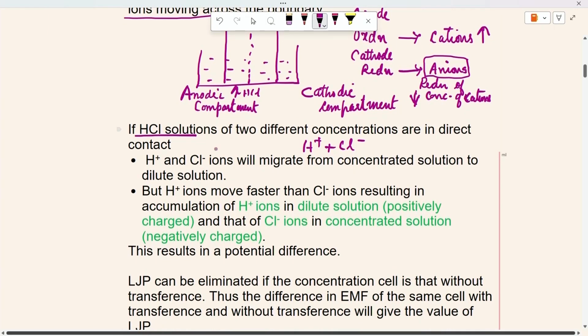The H plus ions and chloride ions will migrate from a concentrated solution to the dilute solution, but H plus ions move faster than chloride ions, resulting in the accumulation of H plus ions in the dilute solution, and therefore, the dilute solution will be positively charged, and the concentrated solution will be negatively charged, because chloride ions go slowly. So, you will have more chloride ions in the concentrated solution. This results in the potential difference, and this is how a liquid junction potential originates in cells with transference.